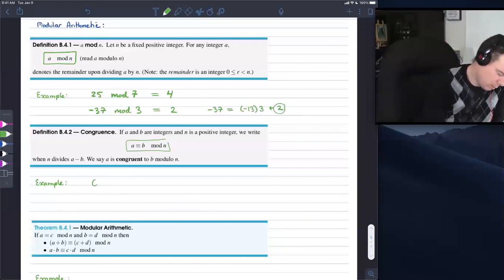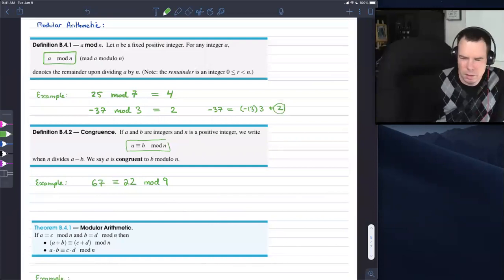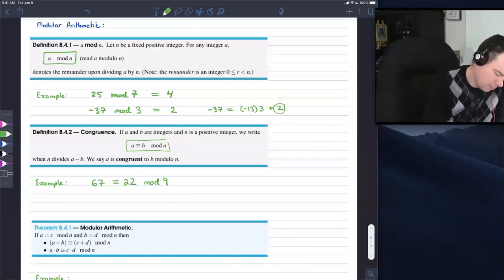So for example, working mod 9, 67 and 22 are equivalent mod 9. We read that triple equal sign as equivalent. So 67 is equivalent to 22 mod 9. Why? That's because their difference, 67 minus 22, is 45, is divisible by 9.